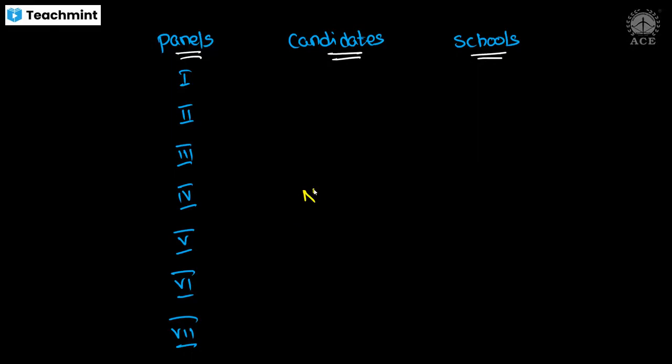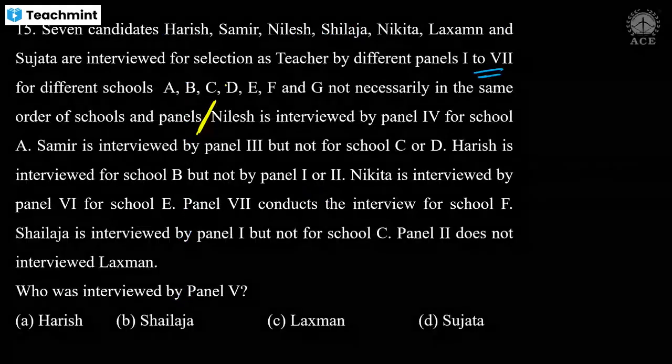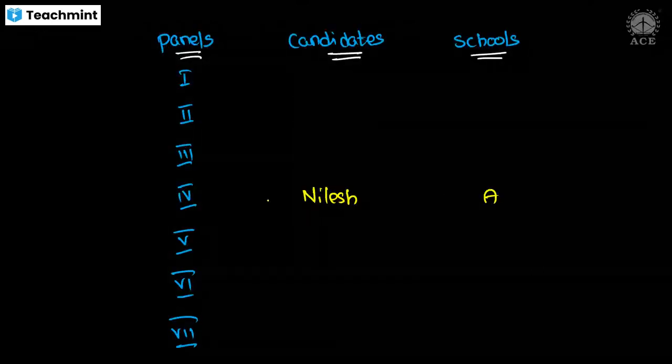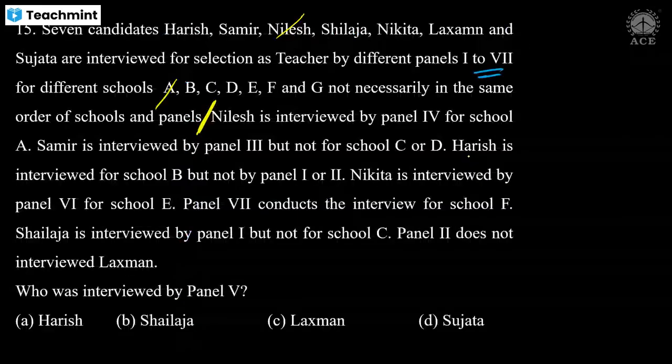First collect the direct info, write it here, then you'll get some clarity. So panel 4, Nilesh, school A is also given. Right, school names are also there. Fine. Okay, next, this is completed.